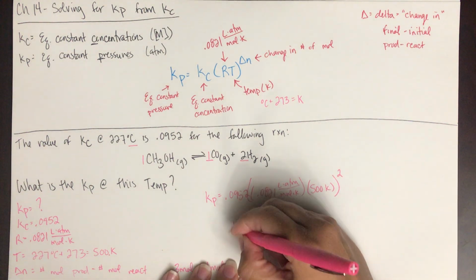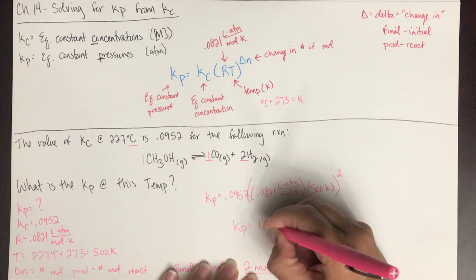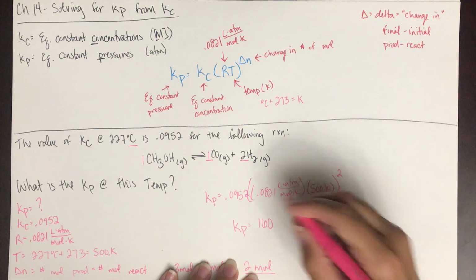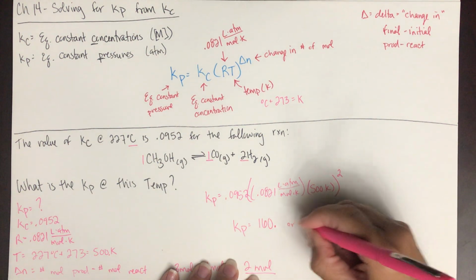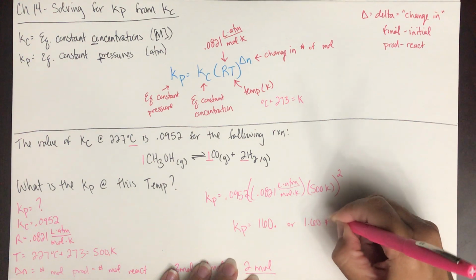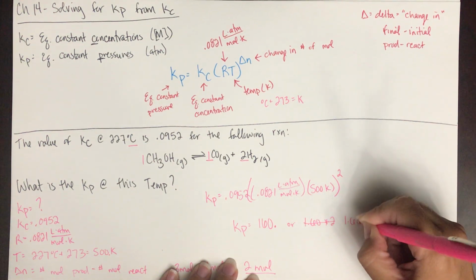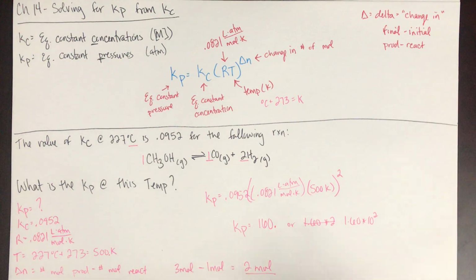So I would say either the Kp equals 160, no unit, you have to put a decimal place there to give it 3 significant figures, or you could say 1.60 times 10 to the second. And that is how you solve for Kp from Kc.